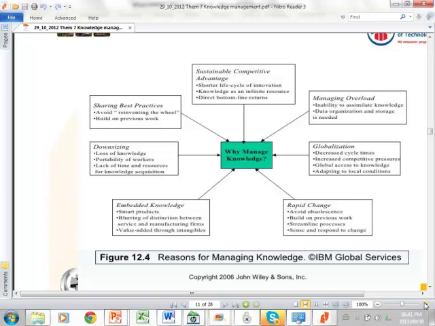Embedded knowledge. So a lot of knowledge is embedded these days. So we were talking about the fact that we want to know what is electrical knowledge and what is civil knowledge. These days, the difference between the two is not always that clear. All right. So when we decide to classify the knowledge, we better decide very carefully how we classify the knowledge, because there might be something in that civil knowledge that affects the electrical guy.